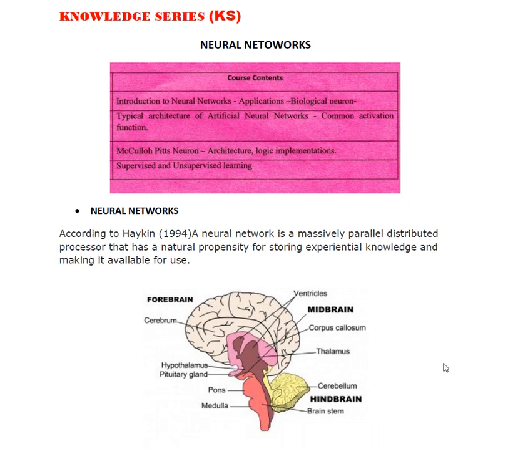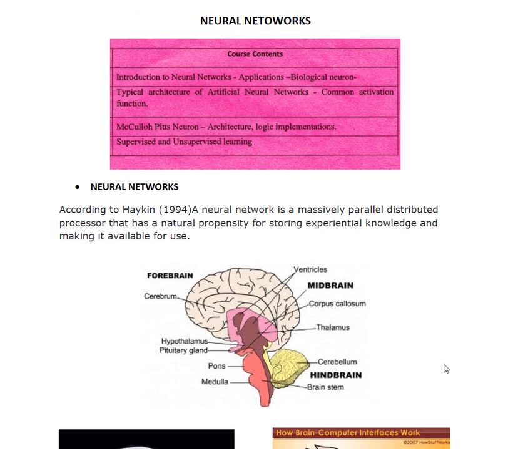Now, the term neural indicates that it relates to nerve cells or the nervous system, and network means a connection of various nodes.